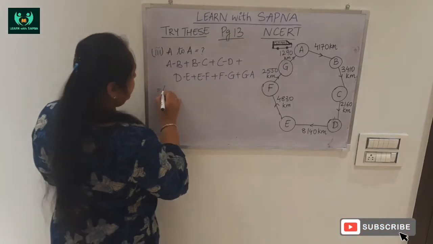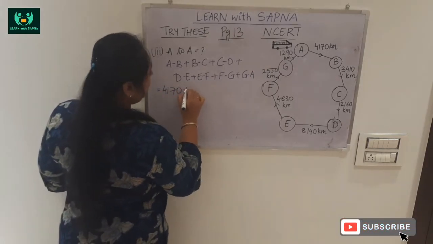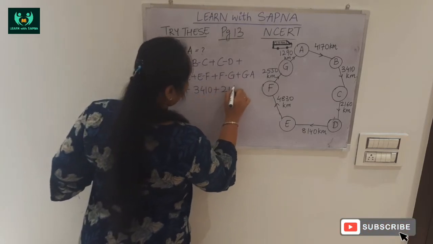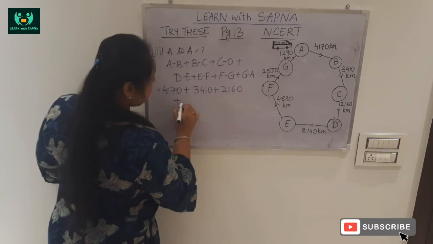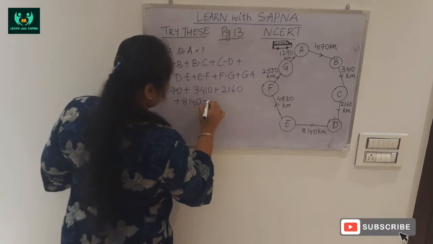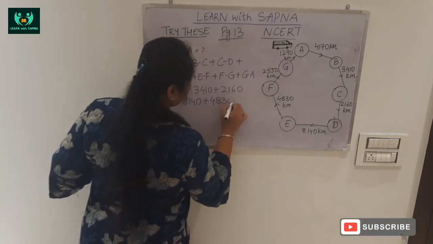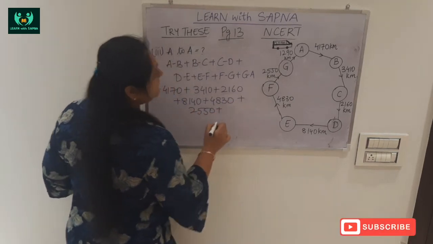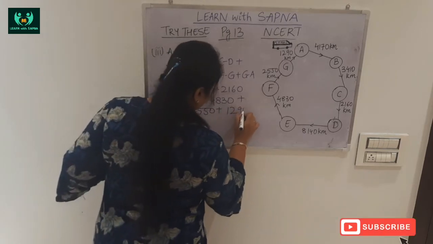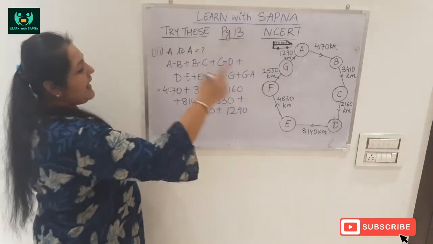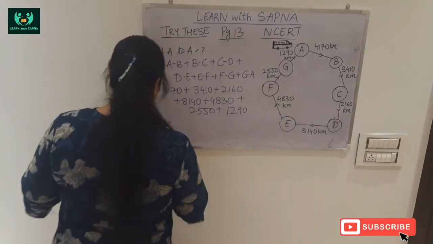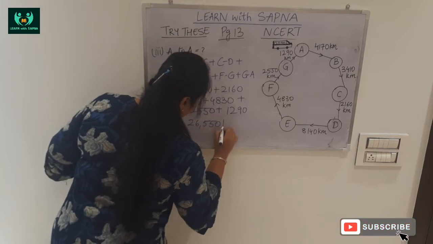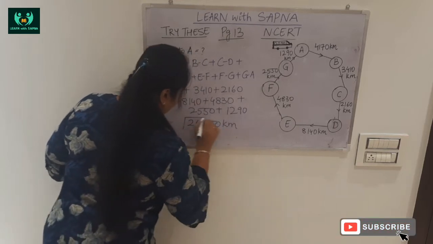So what do we have here? 4,170 plus 3,410 plus 2,160 plus 8,140 plus 4,830 plus 2,550 and 1,290. So when we add all these kilometers, we get the sum to be 26,550 kilometers.